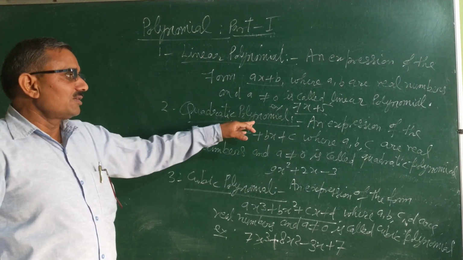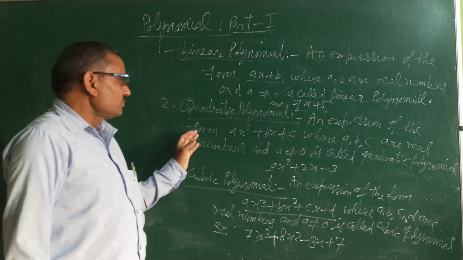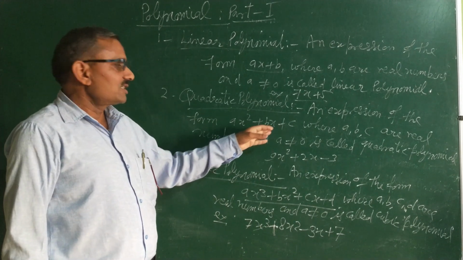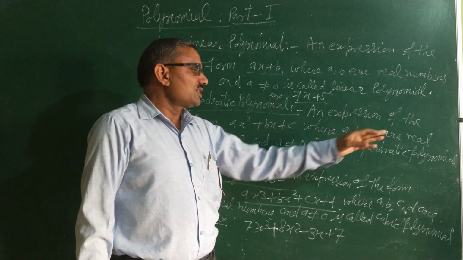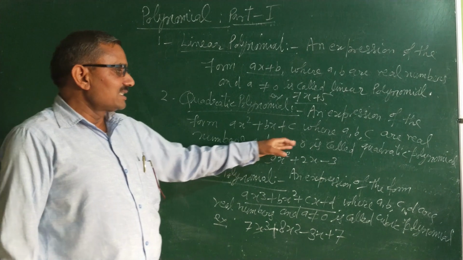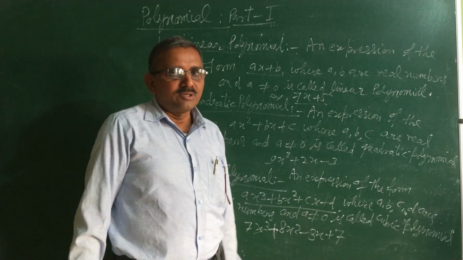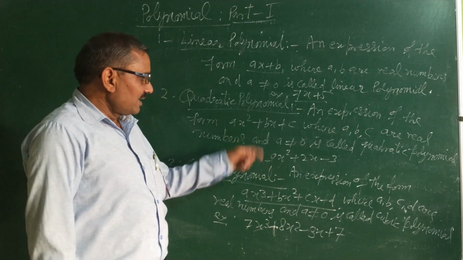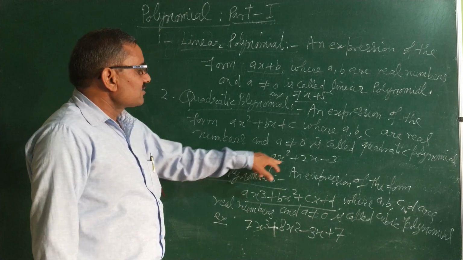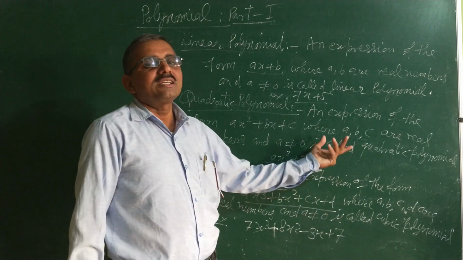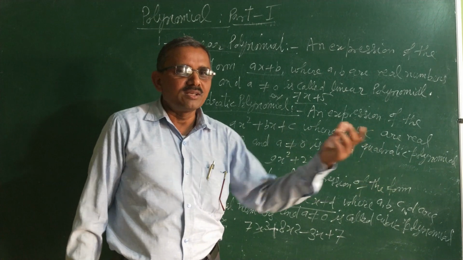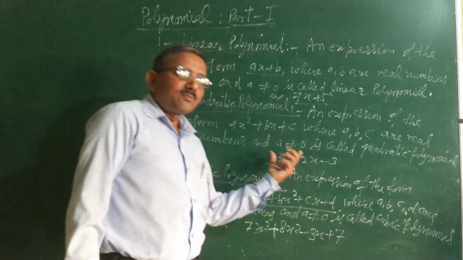Again, quadratic polynomial means an expression of the form ax square plus bx plus c, where a, b, c are real numbers and a is not equal to 0. For example, we can say 9x square plus 2x minus 3. Like that, you can write more examples of this form.